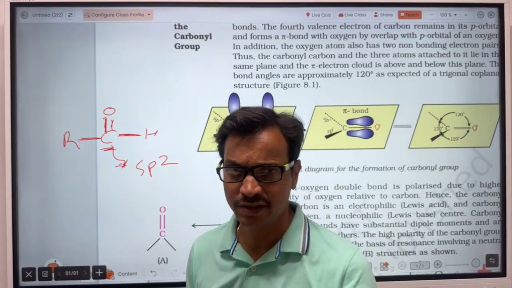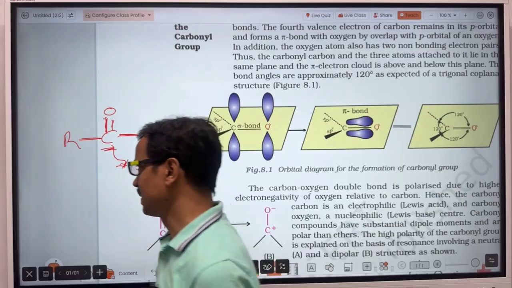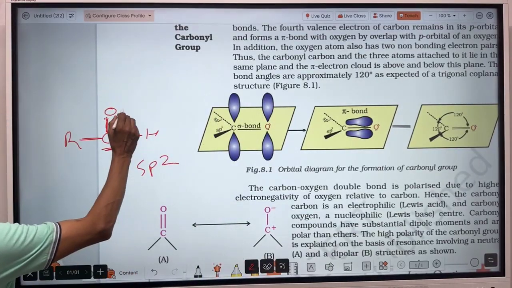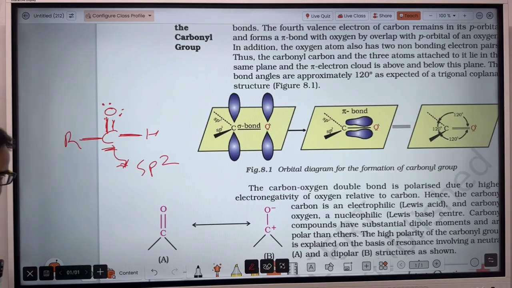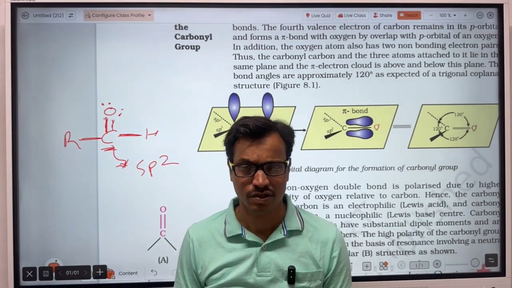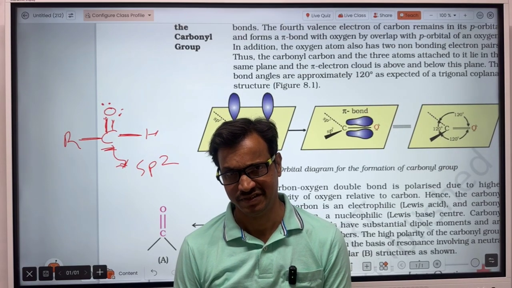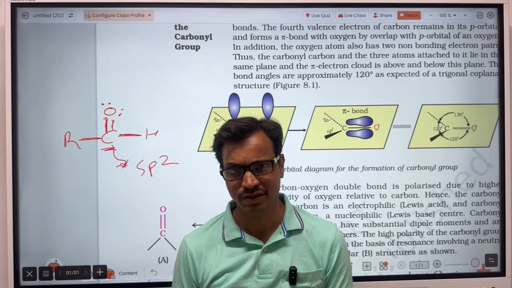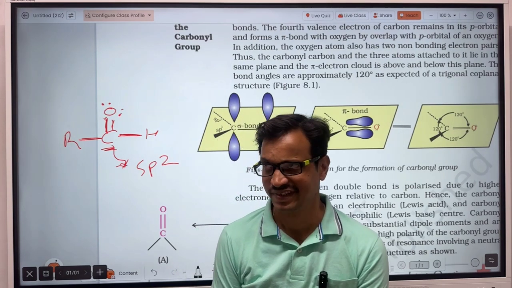That means this oxygen will have 2 lone pairs of electrons. The hybrid orbital either does sigma bond formation or contains the lone pair of electrons.